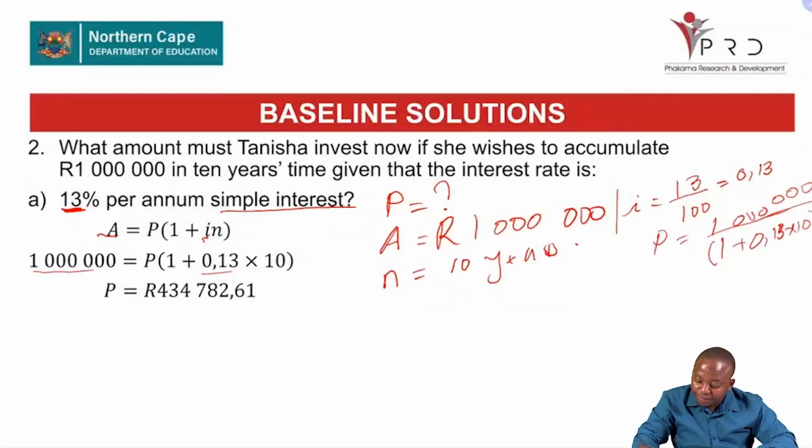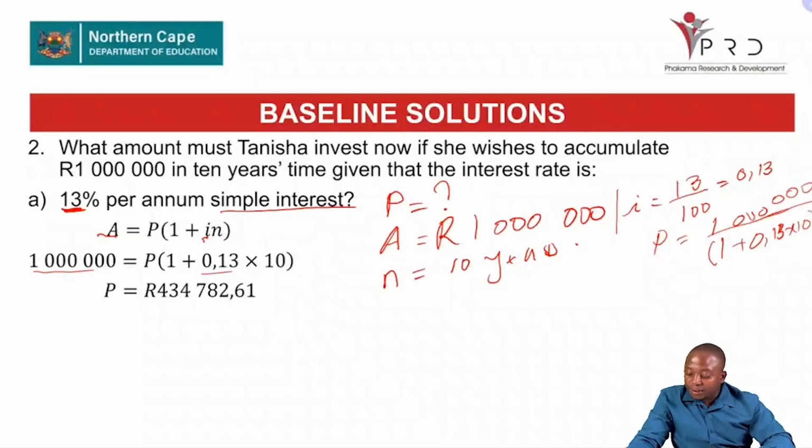So that's how we find our P. You plug everything into a calculator as it is, then we find that our P is 434,782.61 rands. So that is the amount that Tanisha must invest now if she wishes to accumulate 1 million in 10 years' time using simple interest.